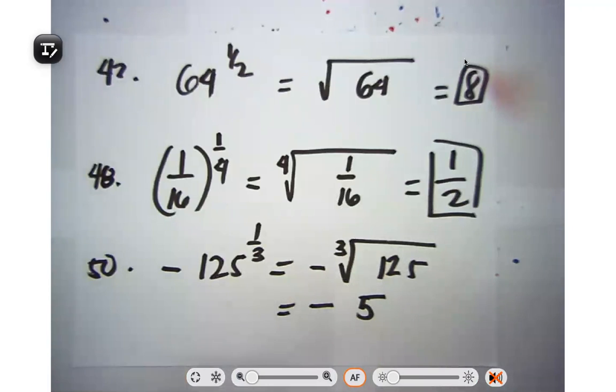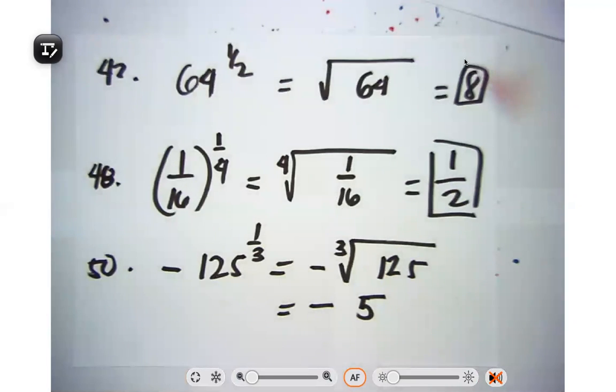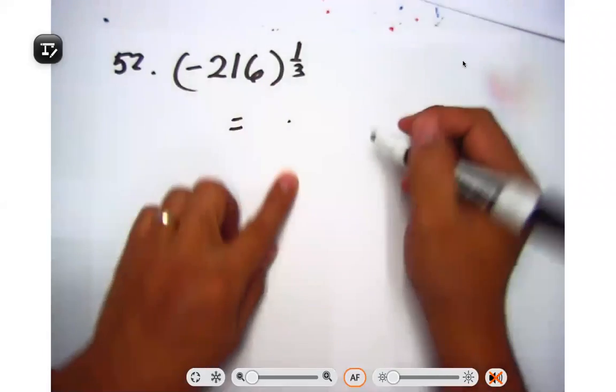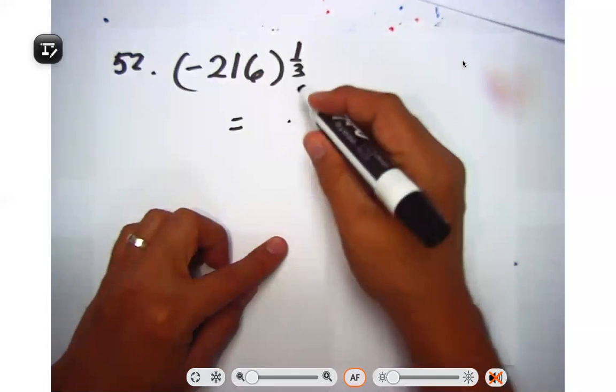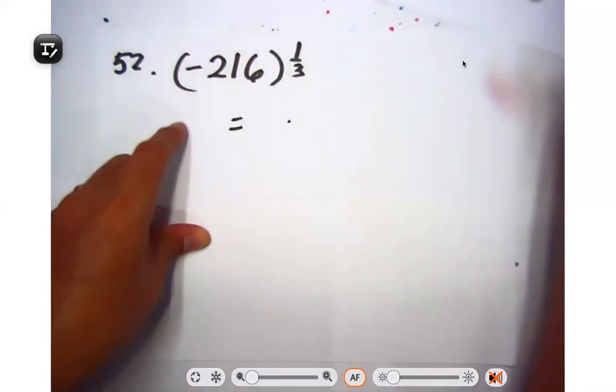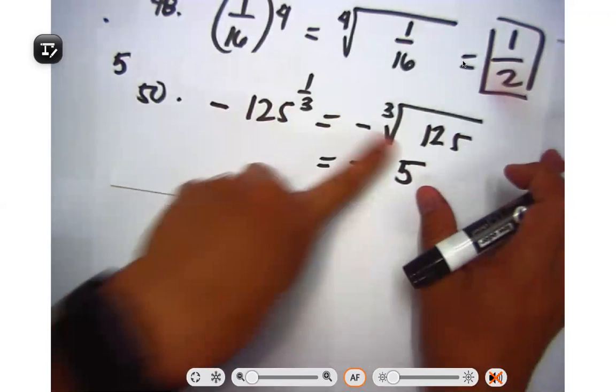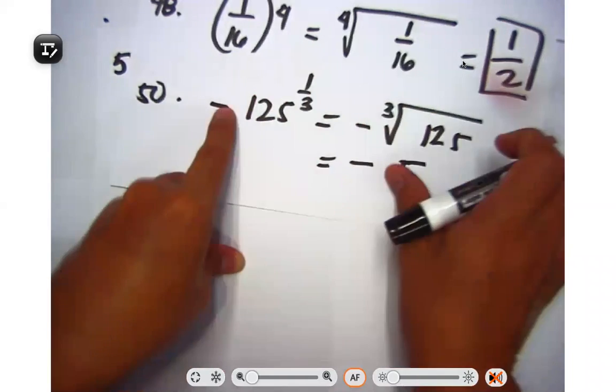So it doesn't matter what method you use. What matters is you're doing it right, no matter what method you're using. You have -216 raised to 1/3. It's enclosed, right? It's different from this. So if it's enclosed, negative goes inside. But if it's not enclosed, negative is outside.